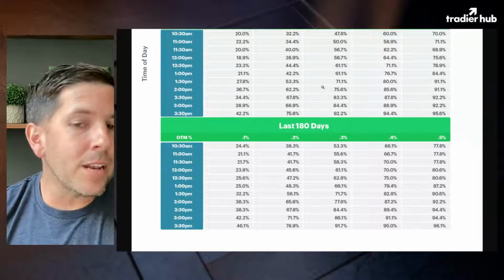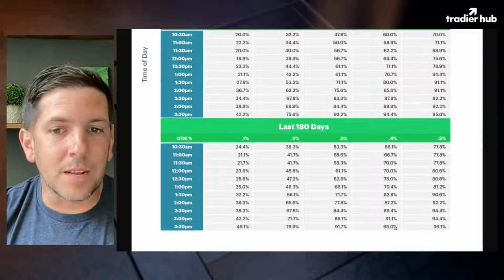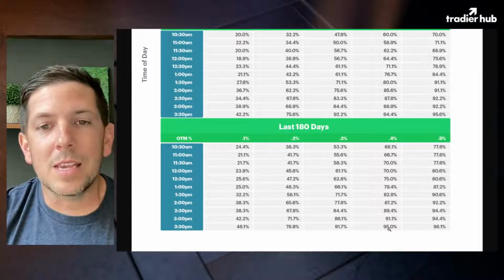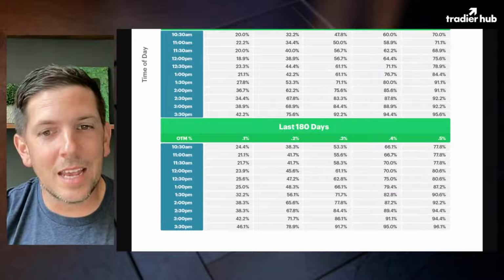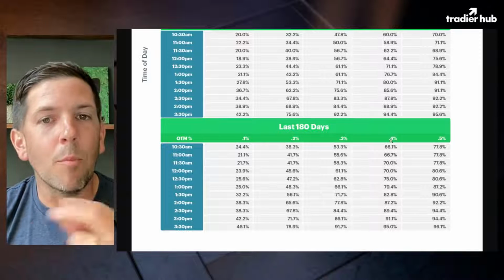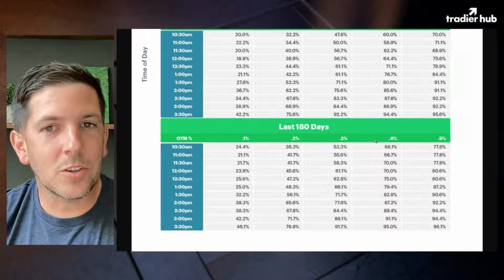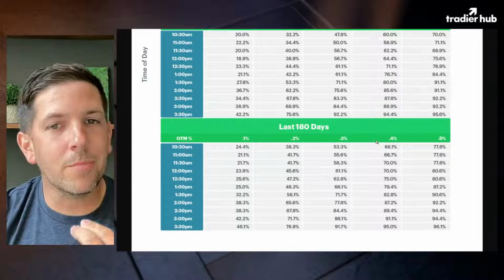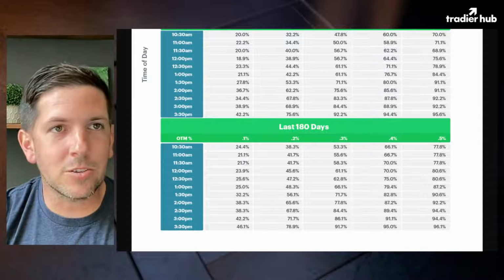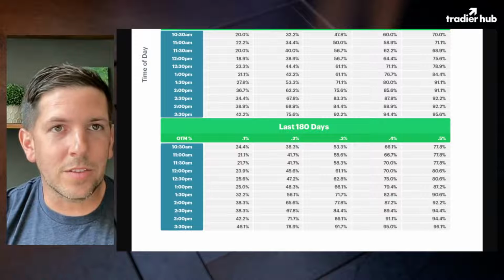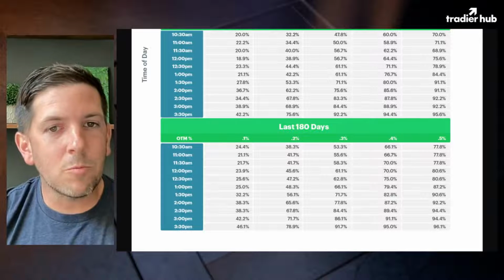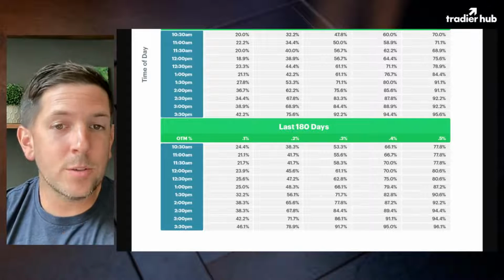What may be equally as telling and very interesting is that 5% of the time in the last 30 minutes of the day, the market moves more than 0.4%. So if you think about it that way, look at it from the opposite angle, which I think is very interesting, and potentially we could build some bots around this too: how could we use this data in the opposing direction too?